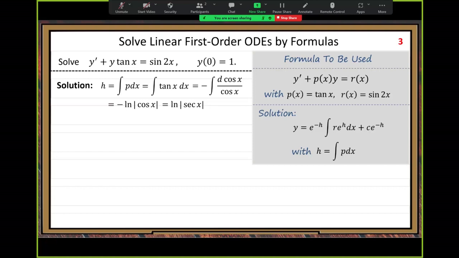So this negative sign, I put it to the exponent of cosine x, so it becomes secant x. Why do I do that? Here I have two expressions, the first one with the negative sign, the second one without the negative sign. Later you will see.